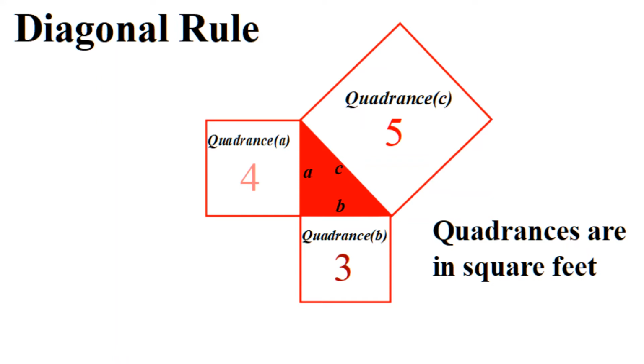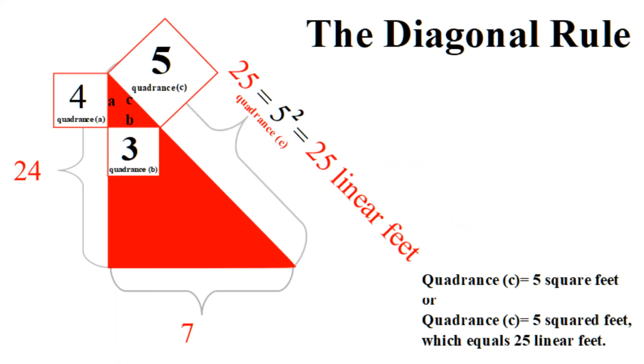Where the Pythagorean theorem uses linear measures exclusively, the diagonal rule uses quadrances exclusively, which may be either linear or square measures. Adding these two linear measures of 3 squared equals 9 feet and 4 squared equals 16 feet forms a hypotenuse of a similar Pythagorean triple. Such a hypotenuse will have a linear measure of 25 feet. It is this aspect of the diagonal rule that makes it uniquely distinct from the Pythagorean theorem.